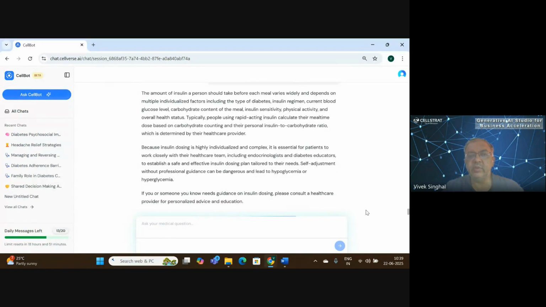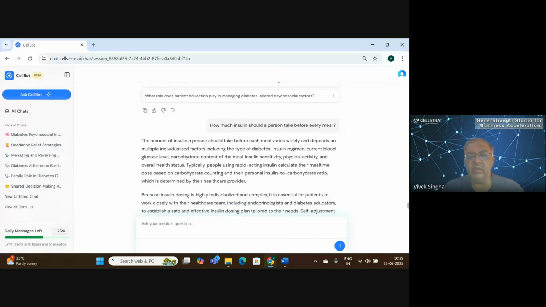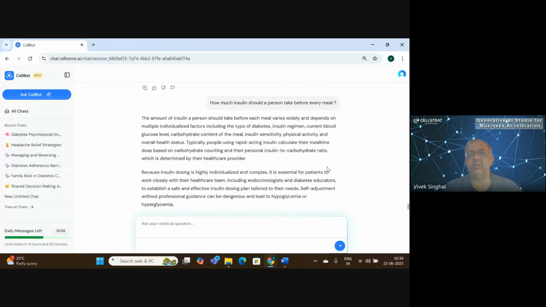The amount of insulin a person should take before each meal varies and widely depends on multiple individualized factors: type of diabetes, regimen, current blood glucose. They often have to measure that. Diabetes patients have a needle prick, right? A glucose monitor. They always measure their sugar frequently through the day. So they have to prick their finger frequently, unfortunately, to measure the blood sugar level and accordingly tailor the insulin injection, right?